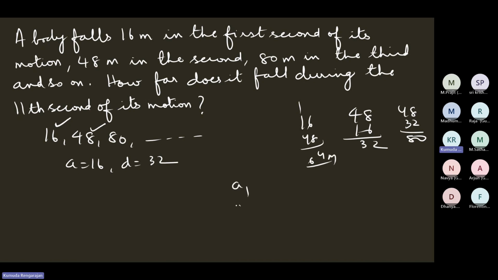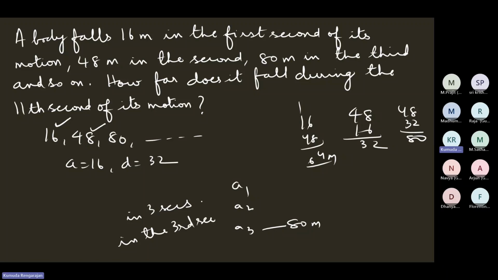So A1, A2, A3, they represent the distance covered by the object in a particular second. So A3, which is 80 meters, is the distance covered by the object in the third second. But the distance covered by the object in 3 seconds, see, in 3 seconds is different from in the third second.